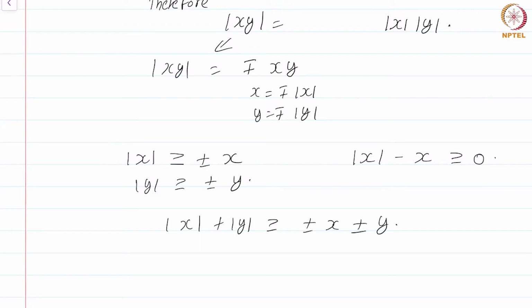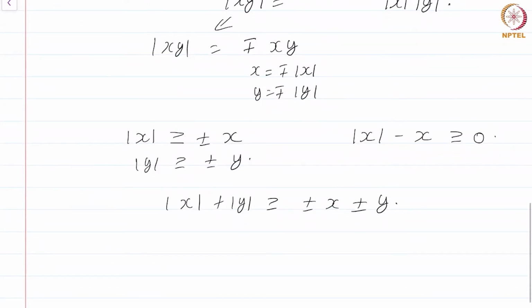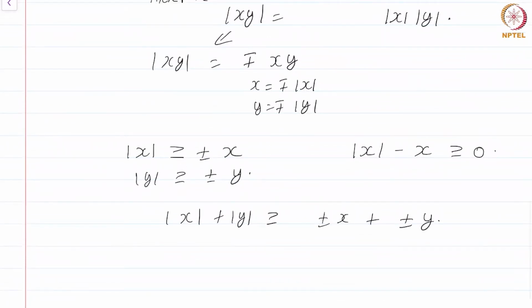Actually, to be 100% precise, this is a bit confusing. I'll just write plus or minus x plus or minus y. Okay. Now, I am being very sloppy in the notation because the proofs here are quite easy, but I shouldn't be too loose so as to confuse you.